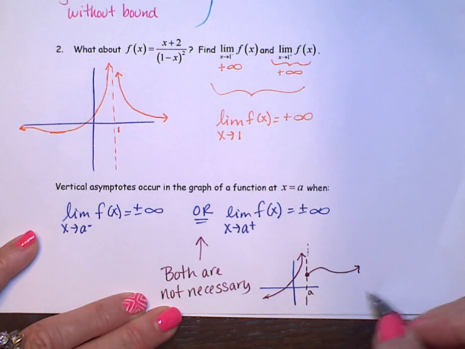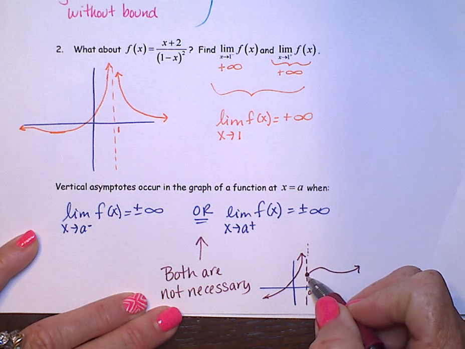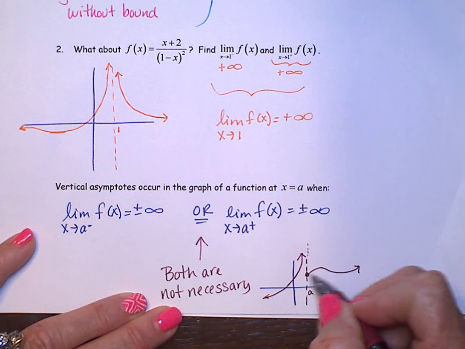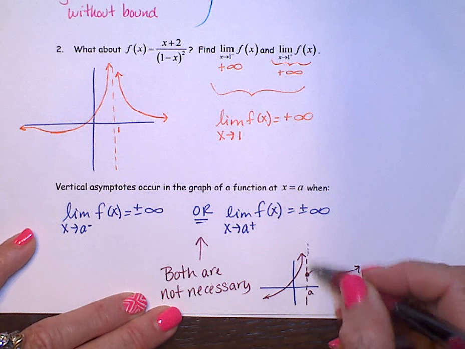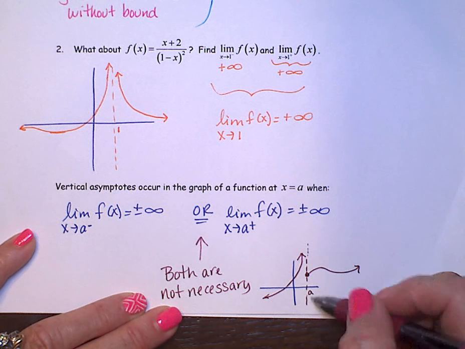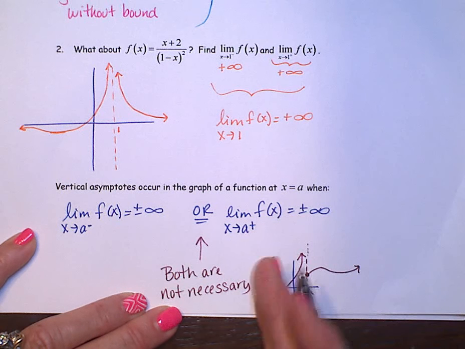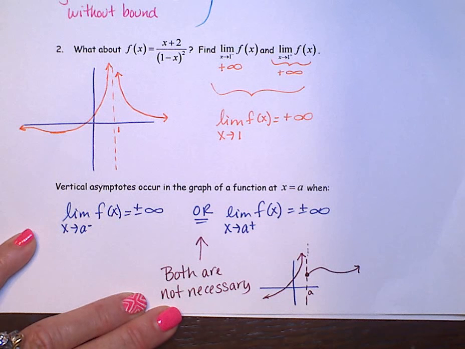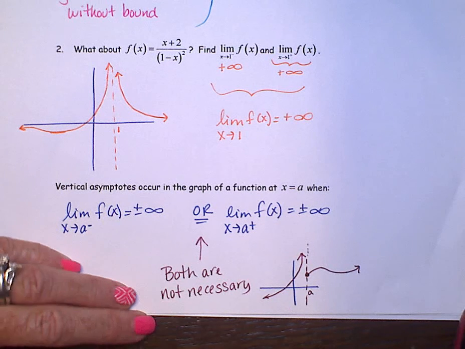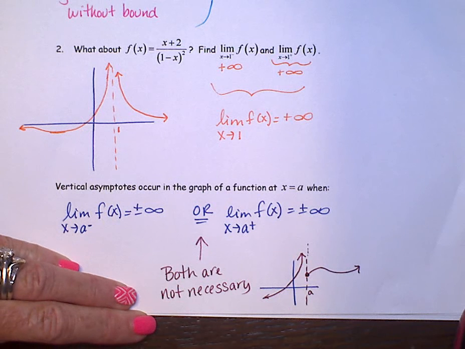The limit from the right side as x approaches a is some numerical value. It's not a positive infinity or a negative infinity. There is still a vertical asymptote here at x equals a. It's a vertical asymptote from the left-hand side. End page 1.